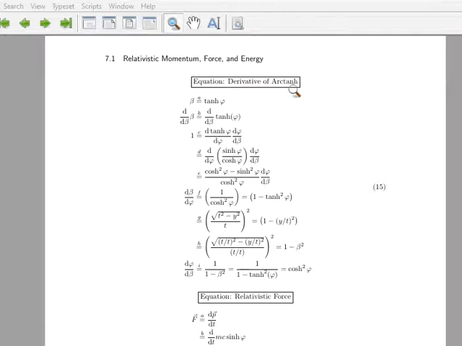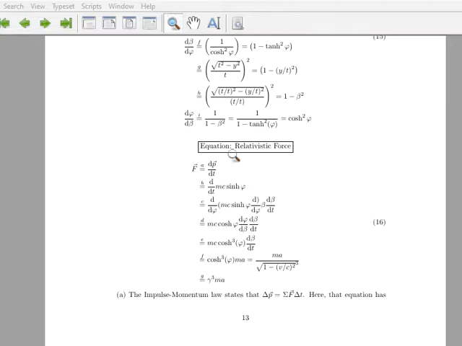Phi is the arctangent of beta, so we want the derivative of the arctangent of beta, and it turns out it's cosh squared of phi. You can follow along to get that fact.